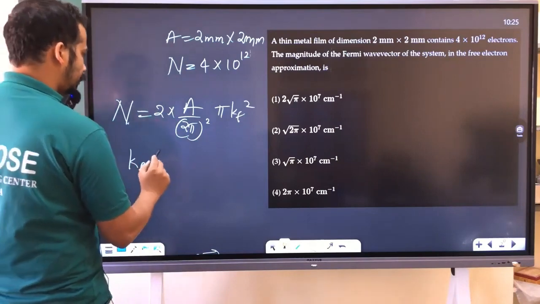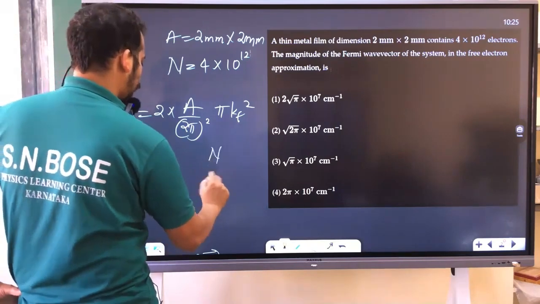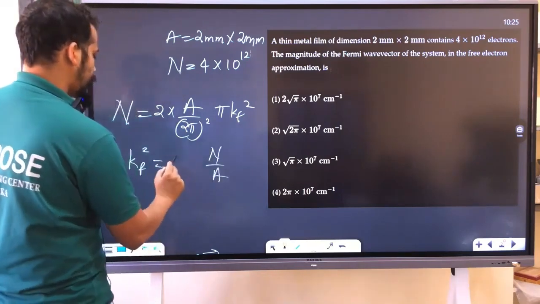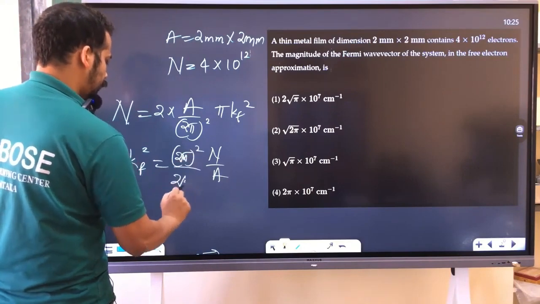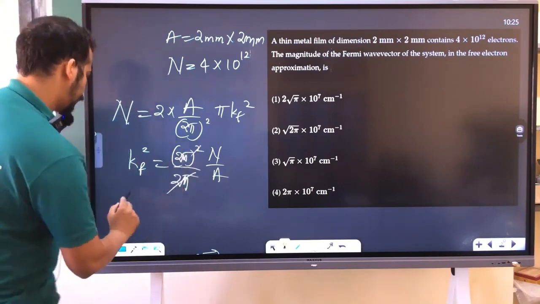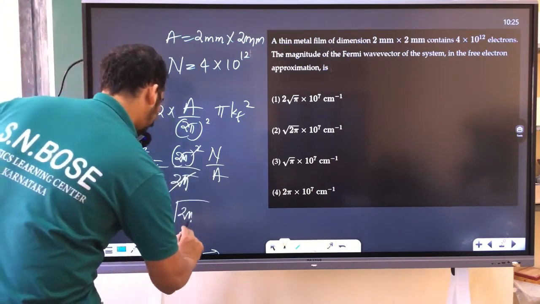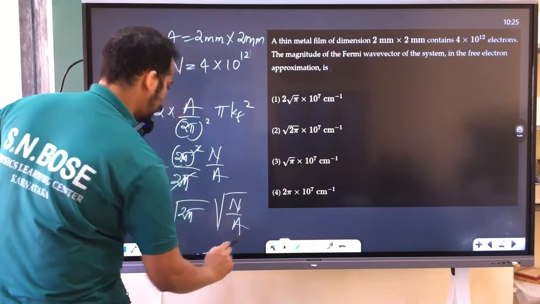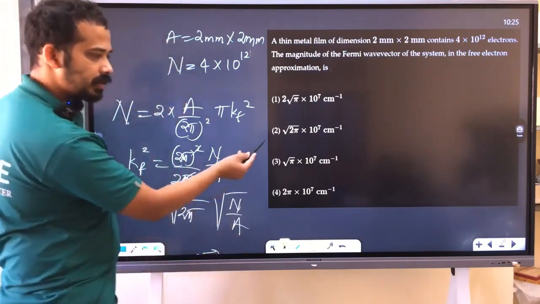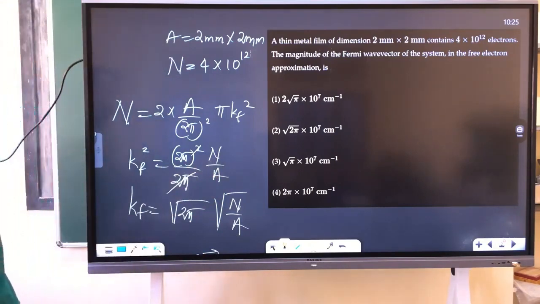Kf square is equal to n by A, 2 pi the whole square divided by 2 pi. What is this one? Kf is equal to root 2 pi into root n by A. I hope this is the answer. Check this out. How simple it is.